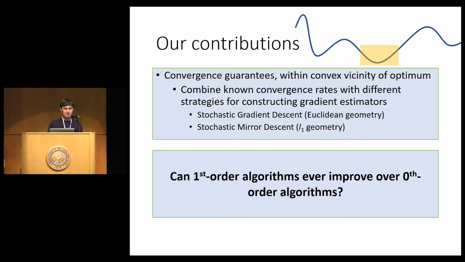This means that in parameter space, if we measure distances according to the L1 norm, then we should use stochastic mirror descent, and if we measure distances with respect to the Euclidean norm, we should use stochastic gradient descent. And these methods yield different bounds.